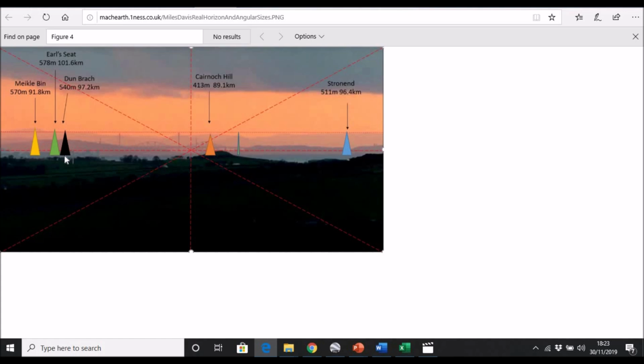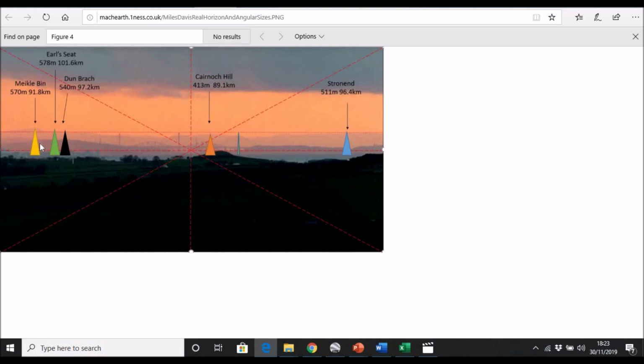Gleam has placed the base of these triangles to represent the appropriate angular sizes for the hills in the background on this observation. This observation is made from 210 meters, with this bridge tower here also being 210 meters above sea level, and therefore anything 210 meters or taller should appear above the line on a flat Earth.